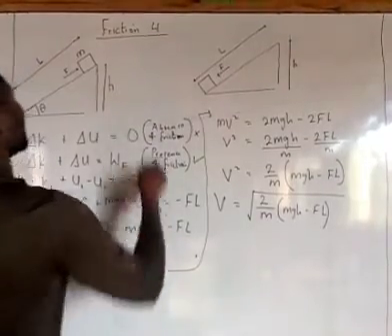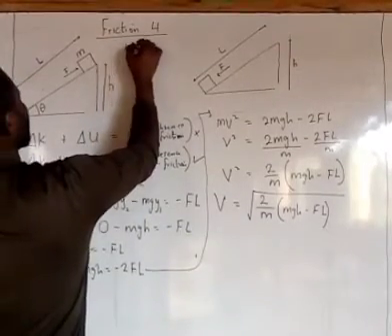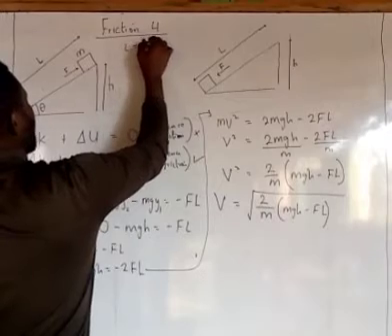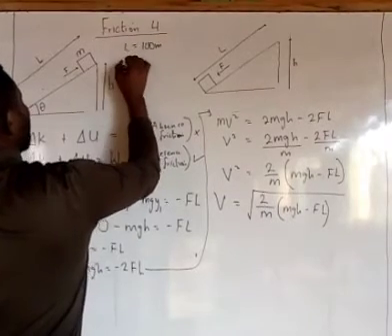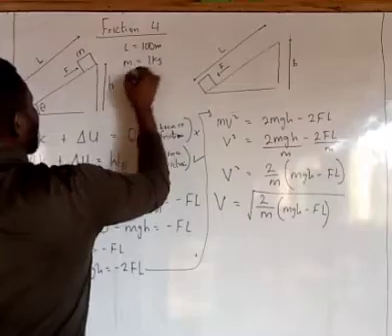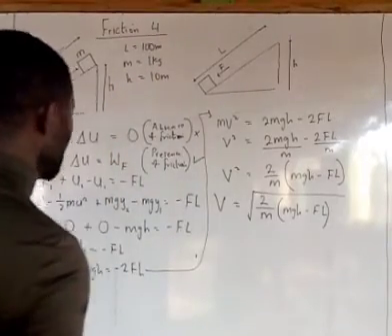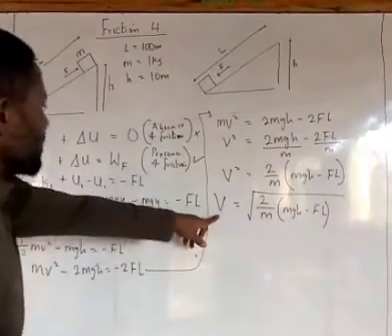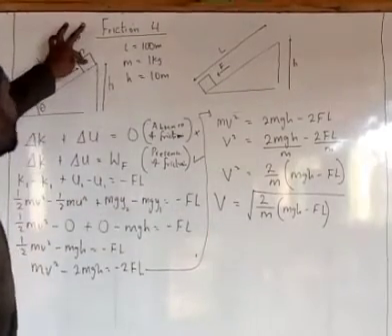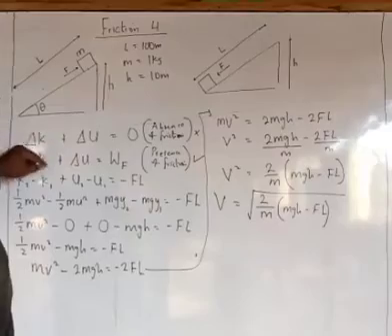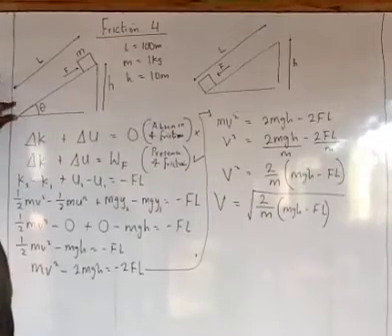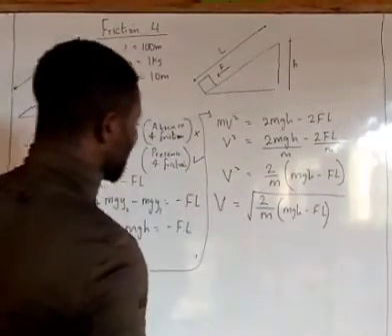Good. Now we can play with numbers. Let L equal maybe 100 meter, and let the mass be 1 kg, and let height be 10 meter. So if you are asked to find the final velocity when the body is released from here and moves down to this point, then this is the formula to use.